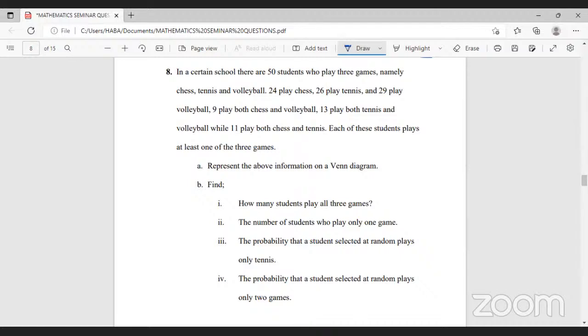There are 50 students who play 3 games, namely chess, tennis, and the others play volleyball. 24 play chess, 26 play tennis, and 29 play volleyball. 9 play both chess and volleyball.